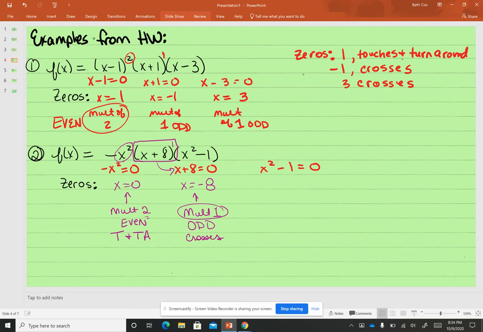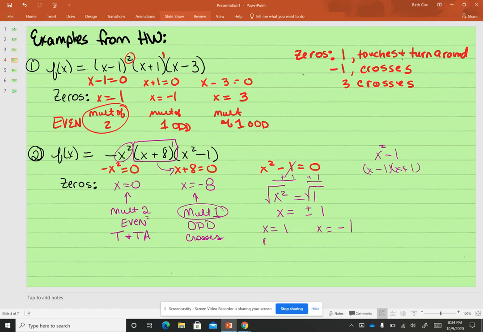This is kind of tricky. If you remember factoring, this can factor some more. x squared equals 1. Square root both sides. x is positive and negative 1. Those are 2 zeros. x equals positive 1, x equals negative 1. If you'll remember, x squared minus 1 is factorable to x minus 1, x plus 1.